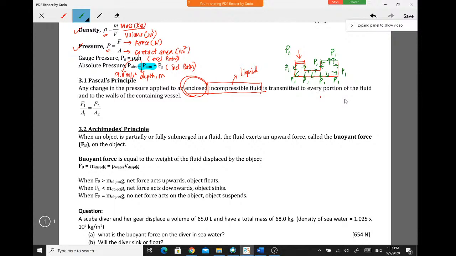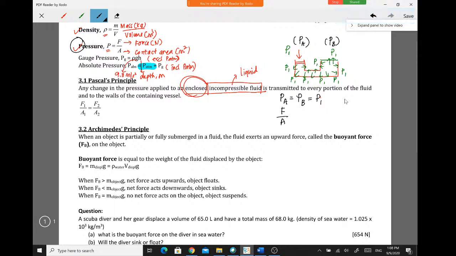Alright? So if you put here as PA, and if you put here as PB, so we can say that PA is equal to PB, which is equal to P1. So by expanding the equation, we already know that pressure is given by force over area.